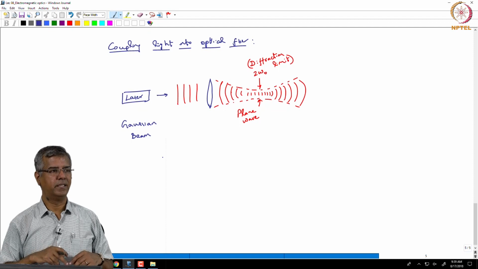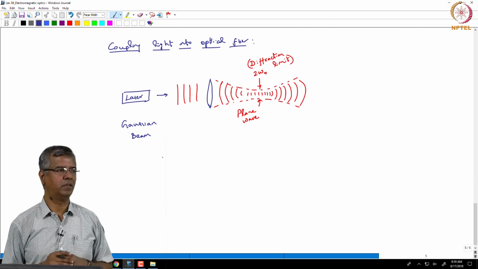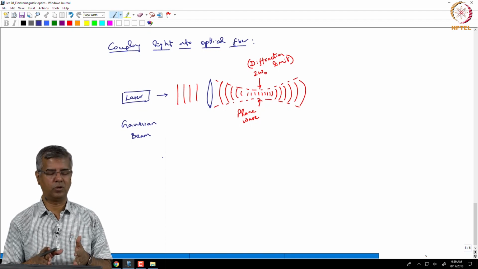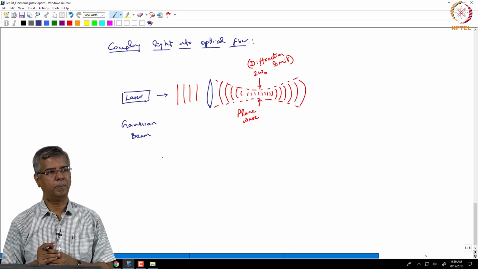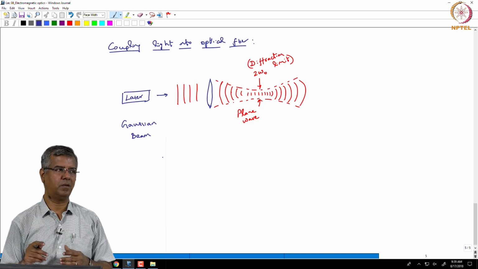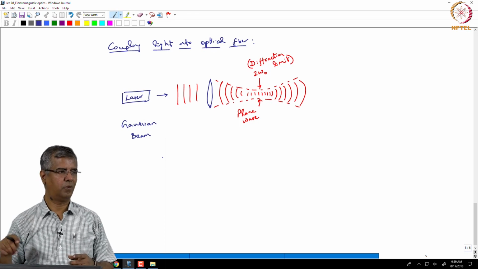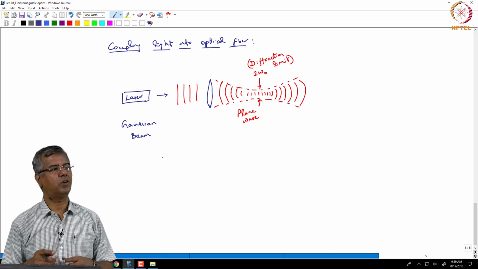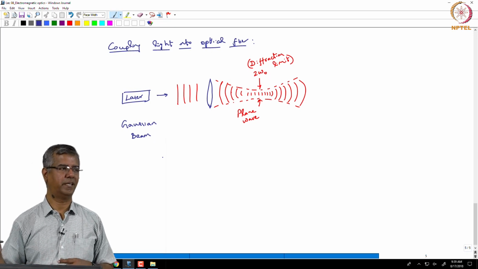So together it will look like a Gaussian beam. So it would be nice to have a Gaussian beam source to couple into an optical fiber, because not only do the phase fronts have to be consistent, but the shape of your field pattern or the intensity pattern also has to be consistent with the waveguide.